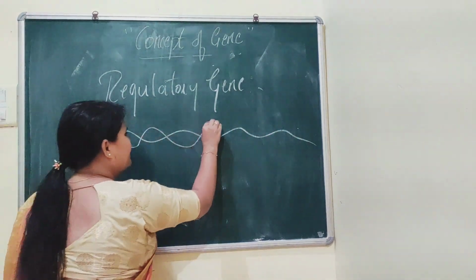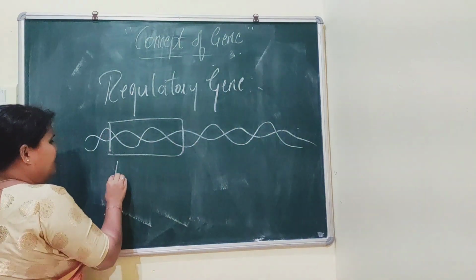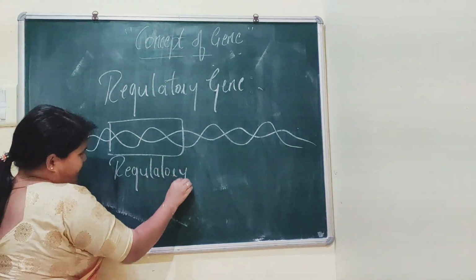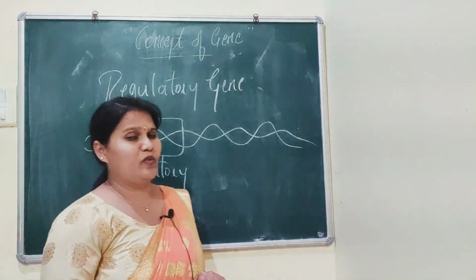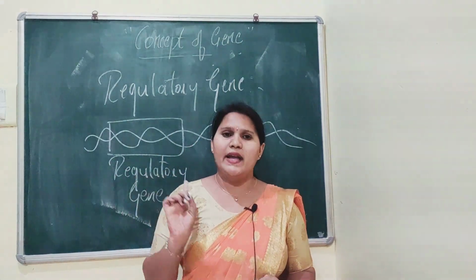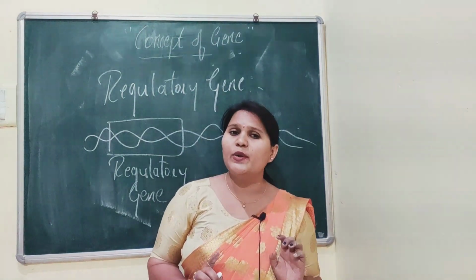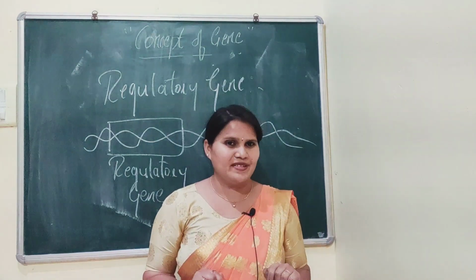If this is our double-stranded DNA, specifically having a regulatory gene, yes or no? So if I say that this is the regulatory gene, as I have mentioned, what will this regulatory gene do? It will control over the other genes. So what are those other genes then?